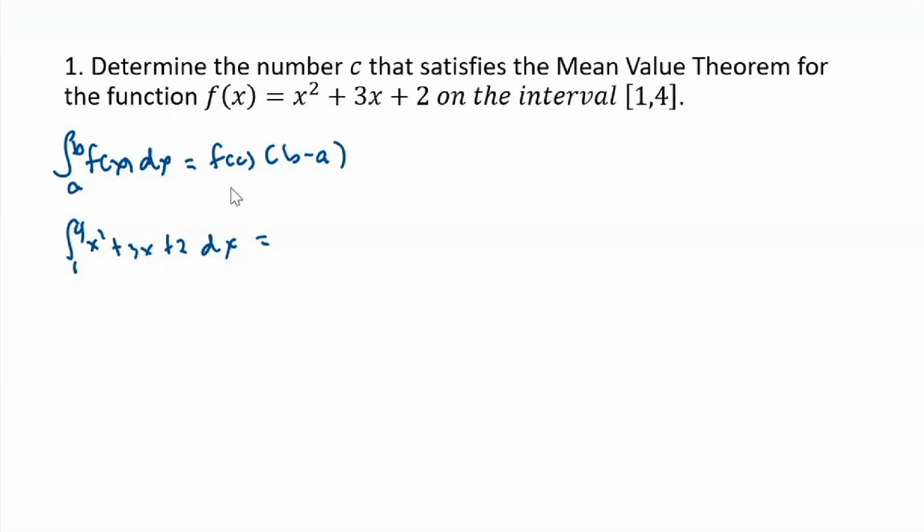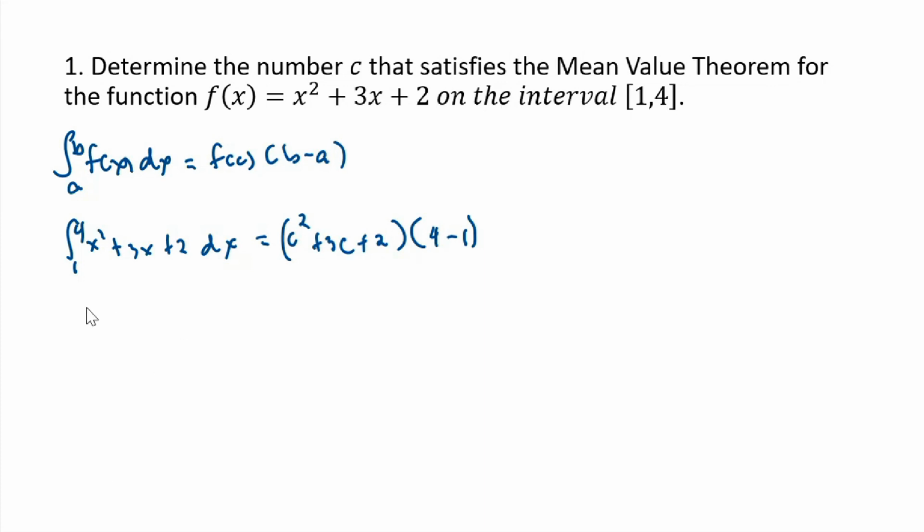The f(c) is coming from f(x). What we are going to do is replace x by c. So this becomes c squared plus 3c plus 2 times the difference of the interval. We have b is 4, a is 1, so it becomes 4 minus 1. After using the formula, we are going to integrate the left-hand side.